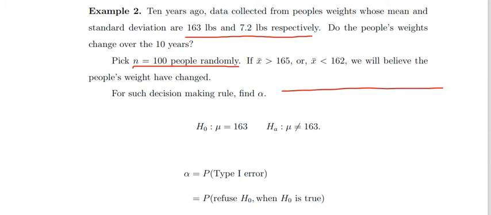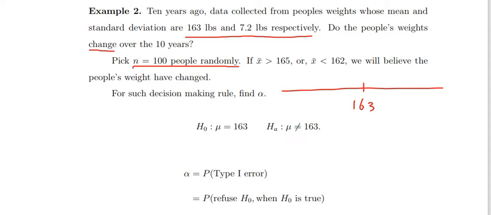Let's say that 10 years ago the average is 163. So we just check whether they have some change, right? We don't say the weight increased or decreased. So change means both sides.